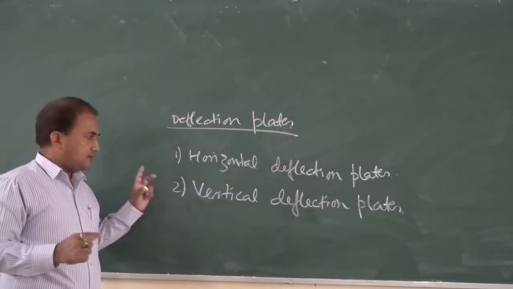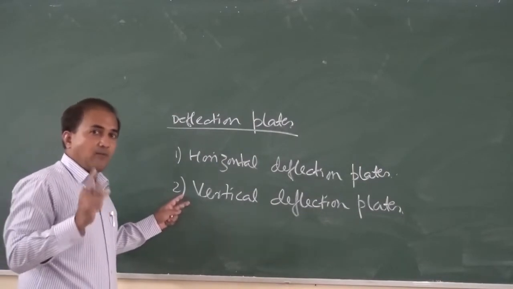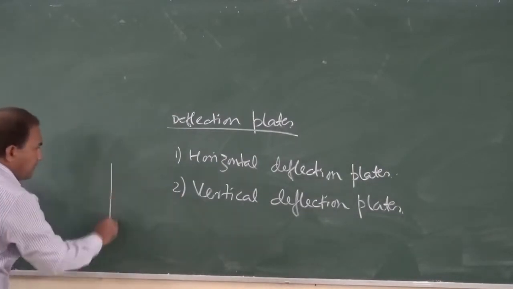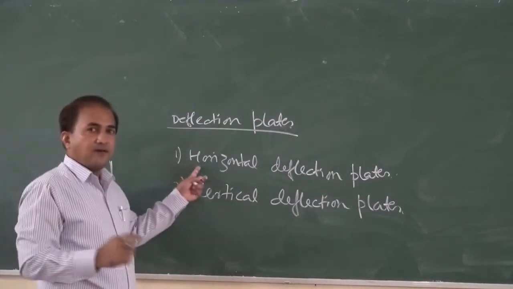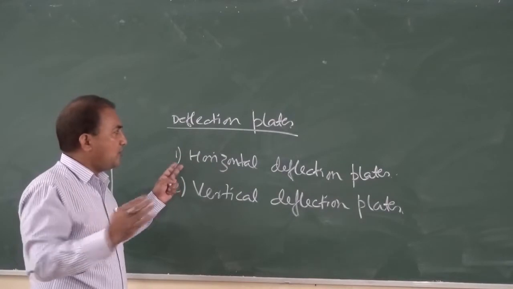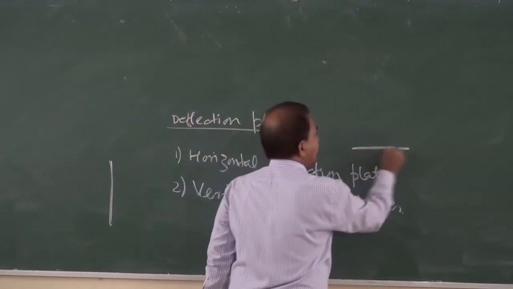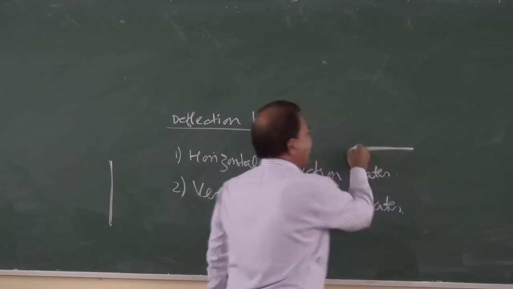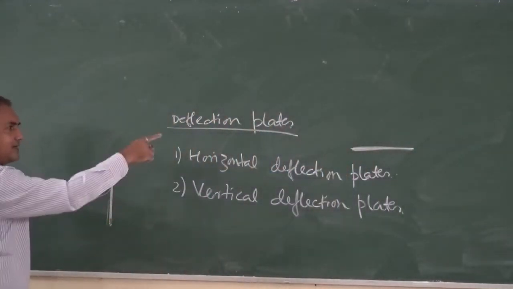If some potential is applied to the vertical deflection plate, it will move the electron vertically. Similarly, if some potential is applied to the horizontal deflection plates, then it will move the electrons left and right.